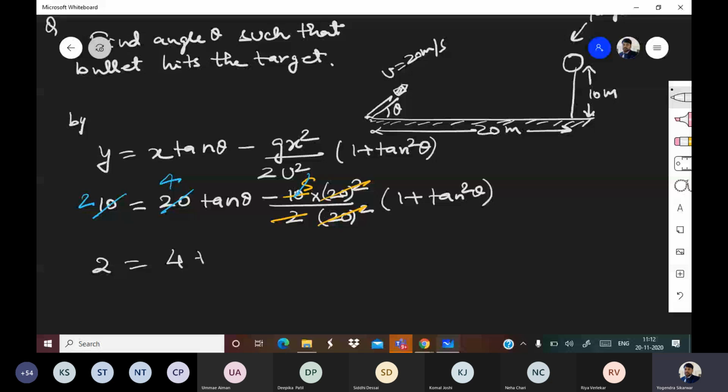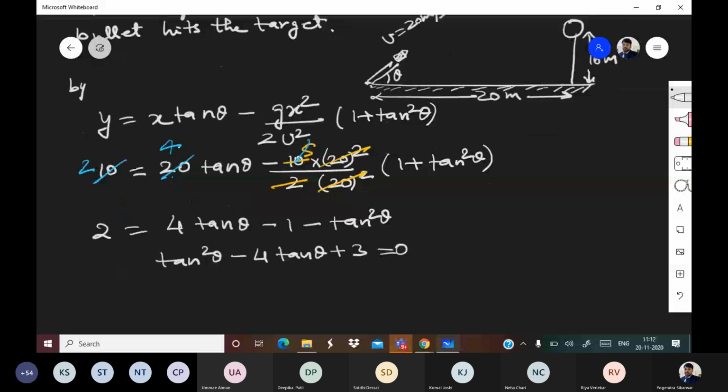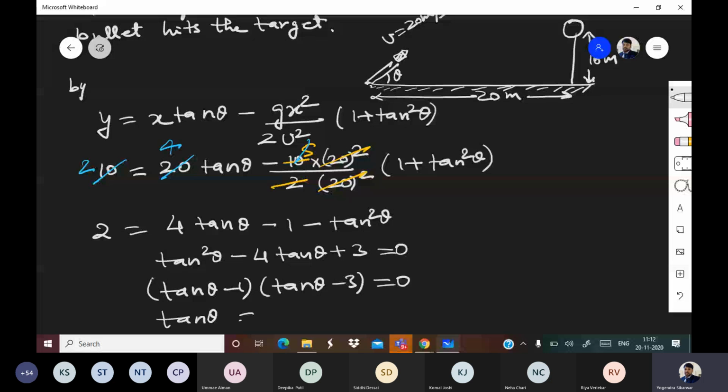And when you take it on one side, it will be tan square theta minus 4 tan theta plus 3 is equal to 0. So that will give us tan theta minus 1 into tan theta minus 3 is equal to 0, and that gives us tan theta is equal to 1, 3.